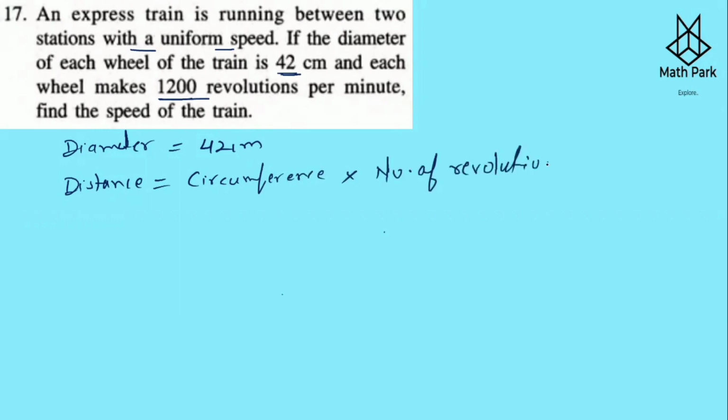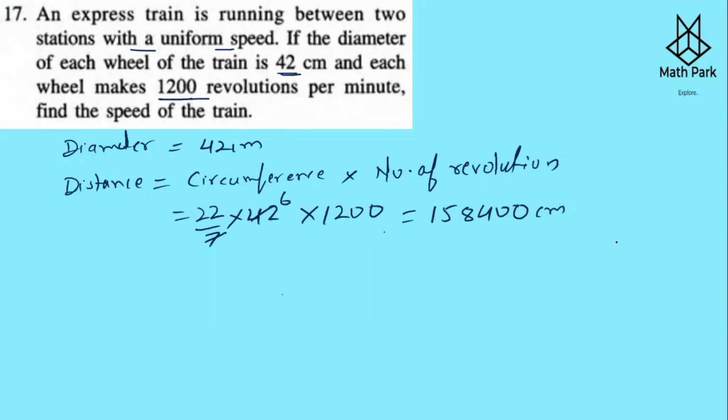The circumference is pi d, which is 22 by 7, and the diameter is 42, and the number of revolutions are 1200. 7 sixes are 42, and 22 times 6, multiplied by 1200, you get this as 158,400, that is in centimeters.